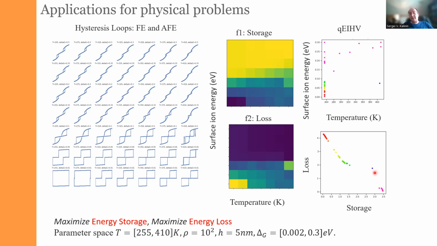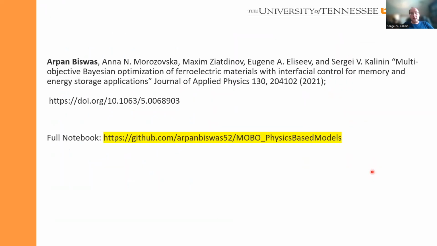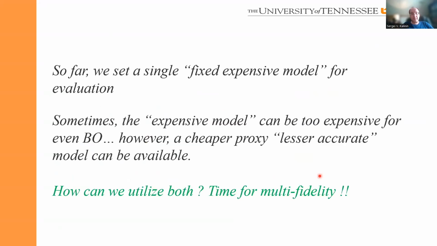So pretty interesting, and we found what we wanted. If you want to know more about it, this is the paper that Arpan has written, published about 2 years ago. And there is a full notebook that allows you to go through the example of this multi-objective Bayesian optimization.